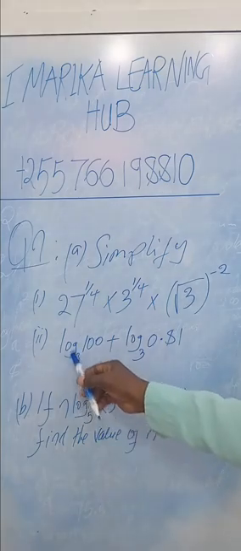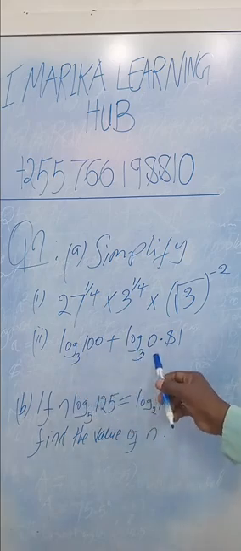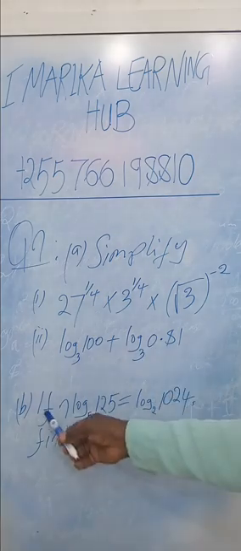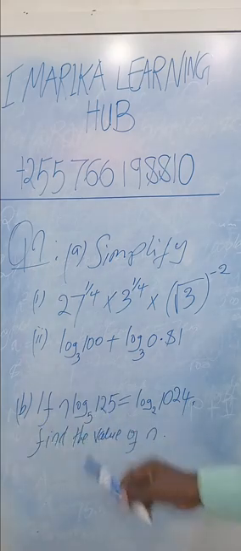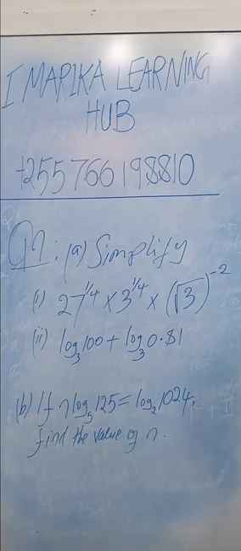Then we have log base 3 of 100 plus log base 3 of 0.81. Then in part B: if n log base 5 of 125 equals log base 2 of 1024, find the value of n.